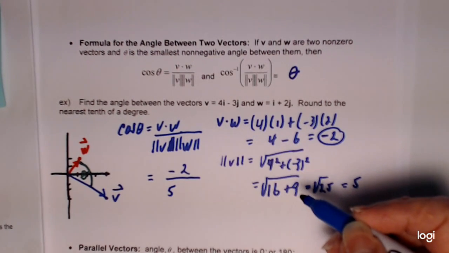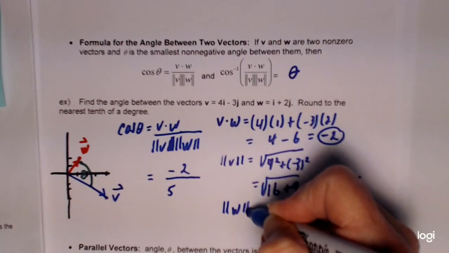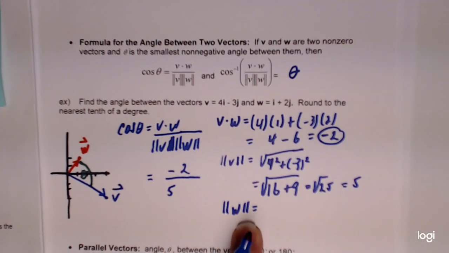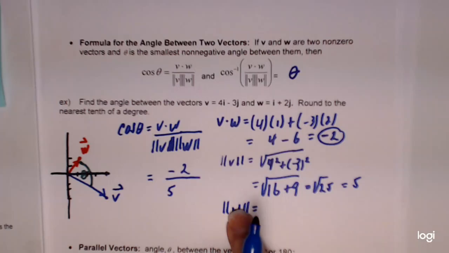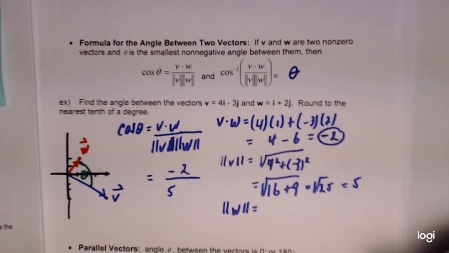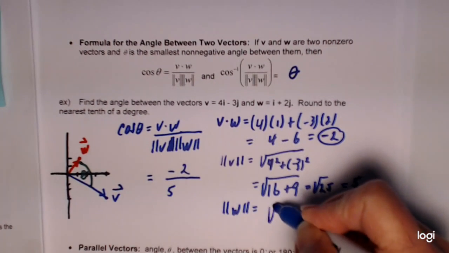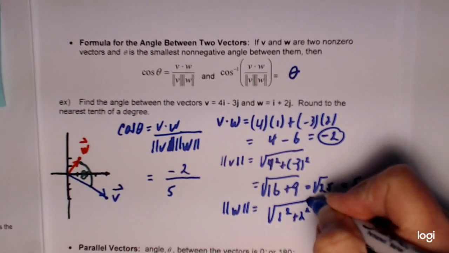Now we need to take a look at the magnitude of vector w. And I just realized I'm not putting those little vector symbols on top of these. This is a lot of information as it is. I think it's just going to make a bigger mess. So I'm not using those symbols, but remember that they're there. So the magnitude of w is going to be 1 squared plus 2 squared.